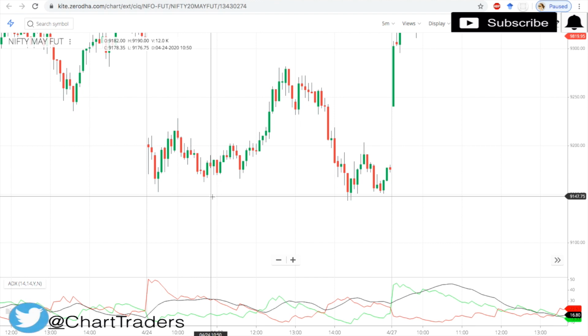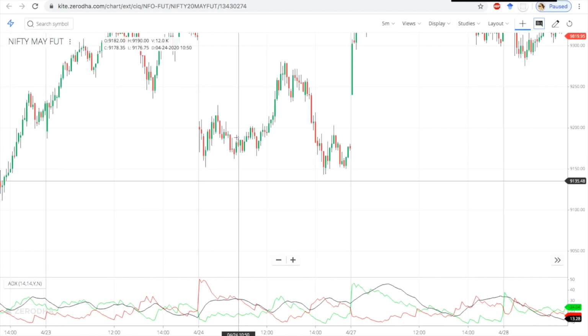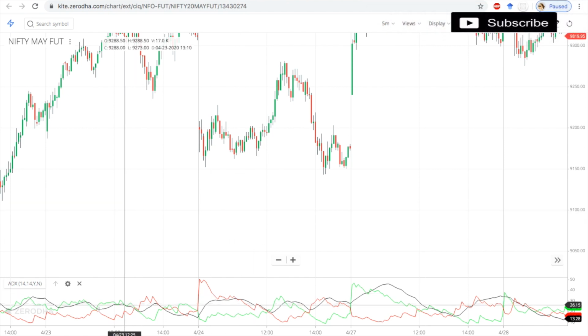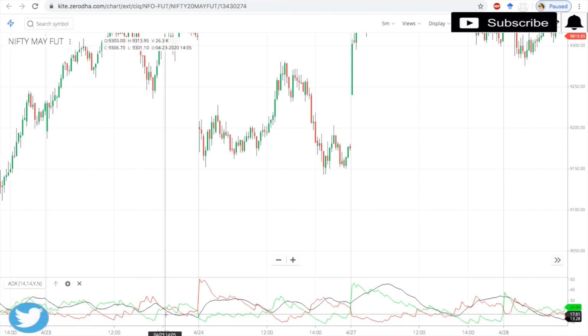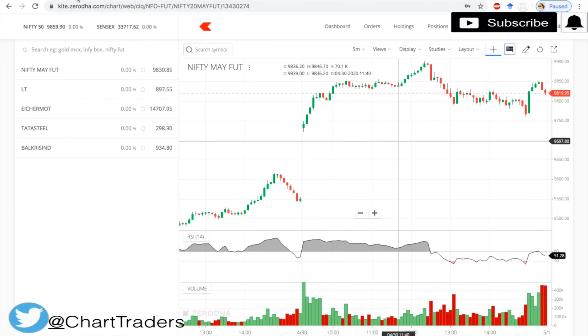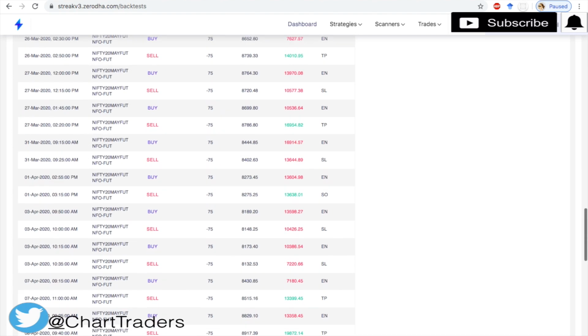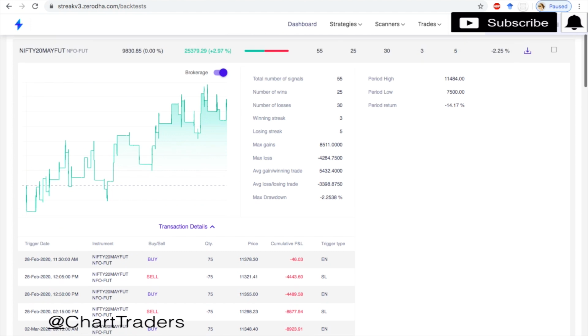Just watch my video on how to merge different indicators. The link is given below in the description box. But in this video we just want to analyze the performance of the ADX indicator. The buy signal is generated here, then here also, then here. It also provides time and date. So just explore your Streak if you wish.